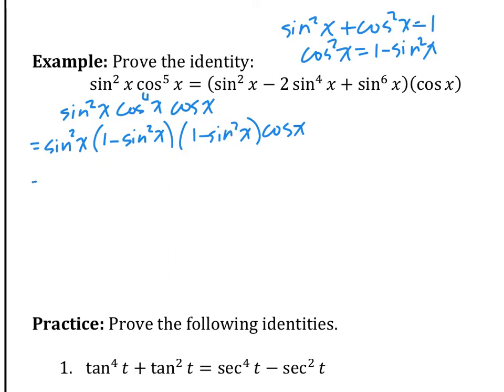Let's try to multiply them together and see where we get. This is where you want to just use your foiling skills really quickly in your head. If you can't see it, this is basically 1 minus x squared times 1 minus x squared. So just foil in your head, square the first term, square the last term.